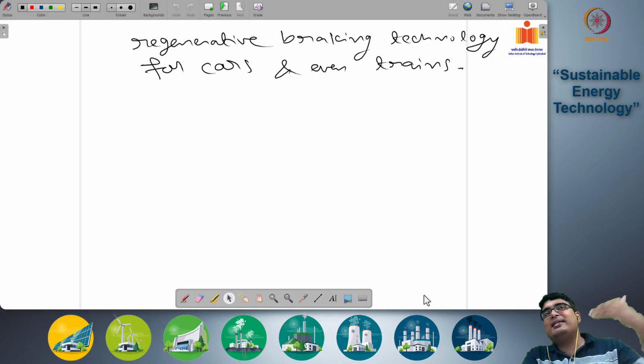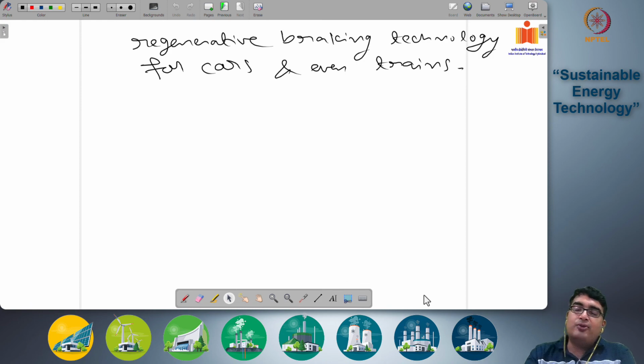And then when the car is again accelerating from the braking position, it requires an extra boost in energy. So that extra boost is coming from your ultra capacitor. Okay. So in regenerative braking technology of cars, ultra capacitors are present, absorbing energy at a fast rate when the car is braking, and then releasing energy at a fast rate when the car is accelerating. Okay. And this is true even for trains.